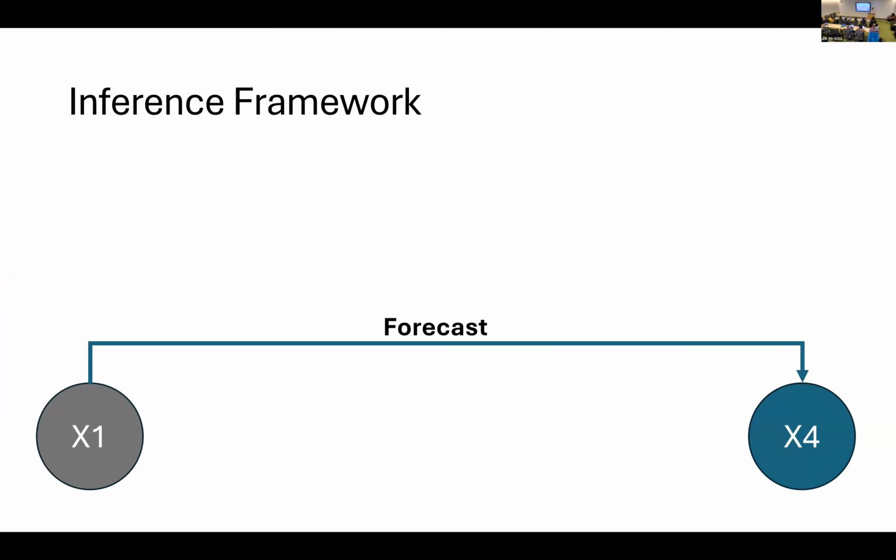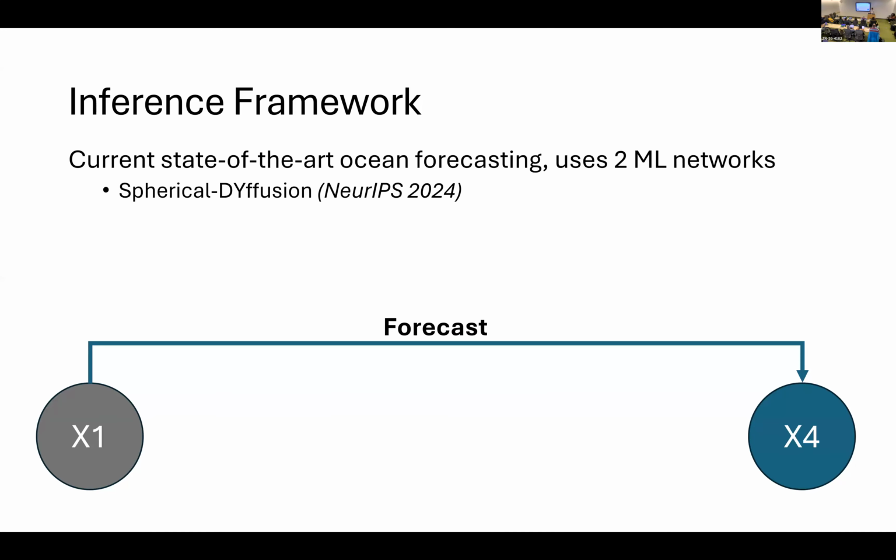So the first is the inference framework. And what I'm using is a model from a state-of-the-art paper called Spherical Diffusion. And I chose this because in the paper and empirically, they showed it to be much more stable than other forecasting methods.